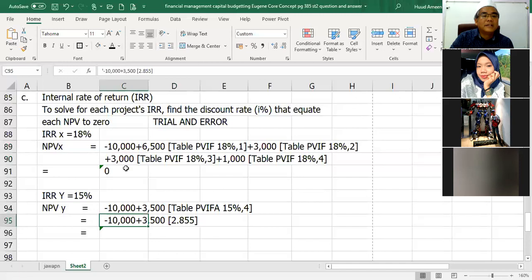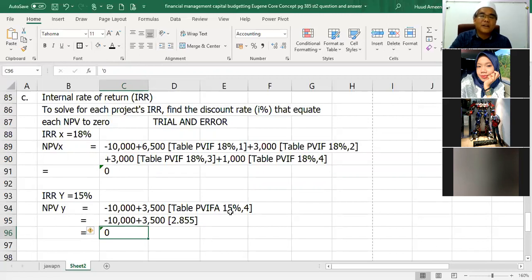For example, at 15% you also get zero. Our target is to get NPV equal to zero, and then you get the internal rate of return. You need to find I itself.